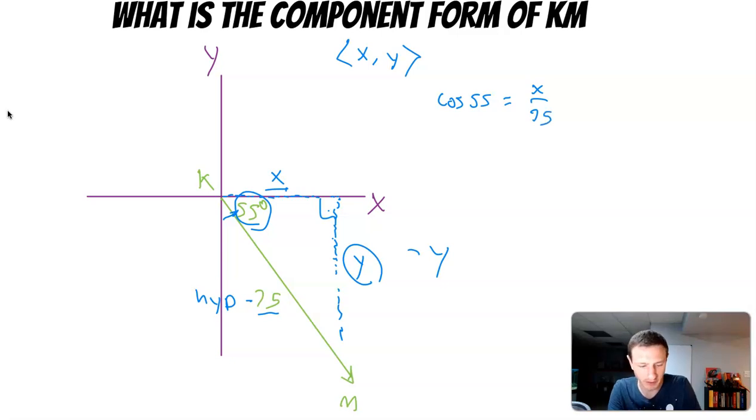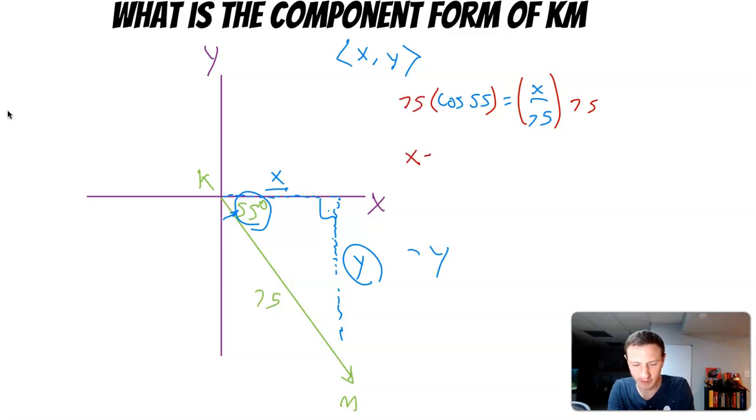I'm going to go ahead and erase this just so we don't have any confusion about whether that's negative 75 or not. I was just drawing an arrow in. So we have the cosine of 55 equal to the x value, the adjacent side, over the hypotenuse. In order to solve this, I'm going to multiply both sides by 75.